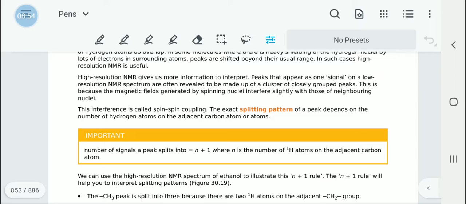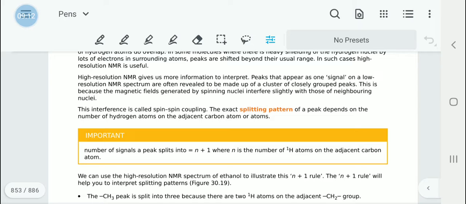This splitting pattern of a peak will depend on the number of hydrogen atoms on the adjacent carbon atom or atoms, right? So you will have to look at the adjacent carbon atom or atoms to figure out what is going to be present.